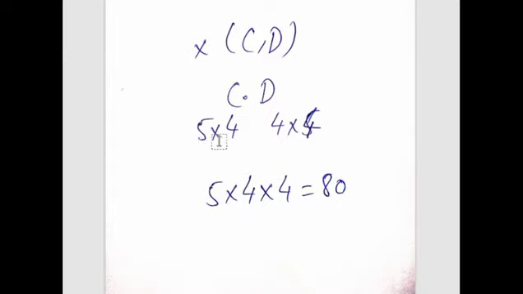As the rows and columns are the same, we will take this 4 as once. 5 into 4 into 4, 5 into 4 gives us 20, 20 into 4 gives us 80. So if we multiply the matrix C with D, the answer we get is 80. So we have to make 80 multiplications. We'll write 80 over here, right?